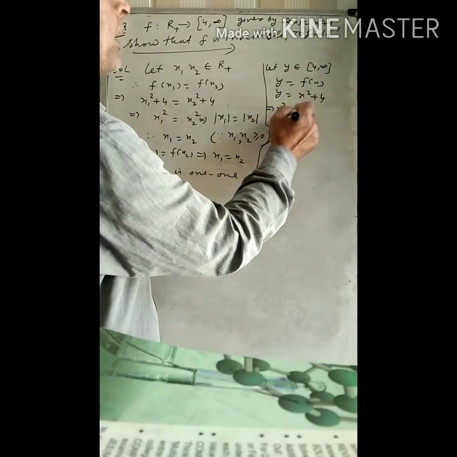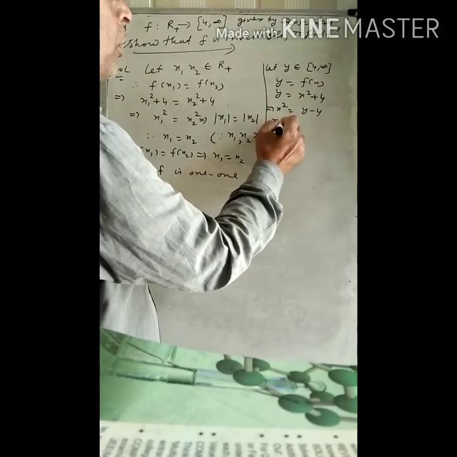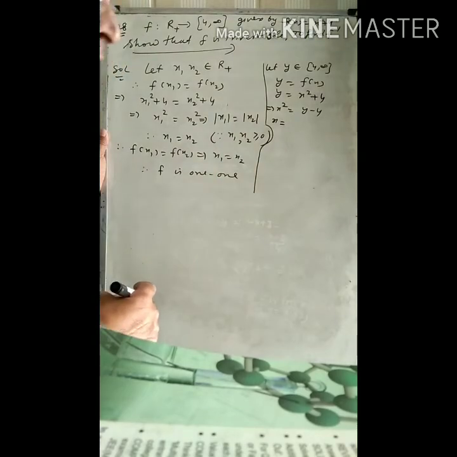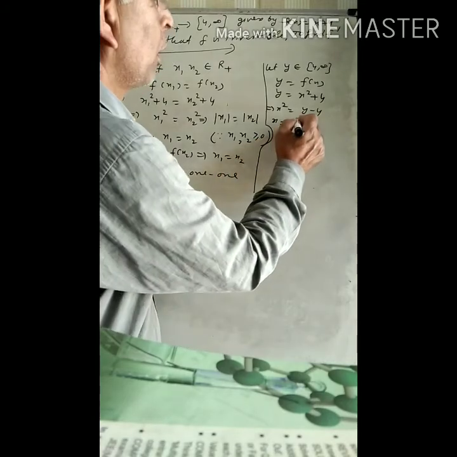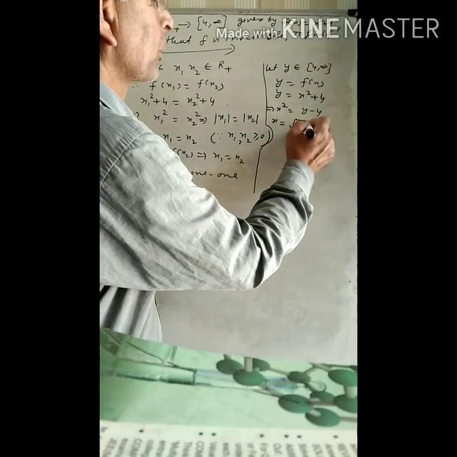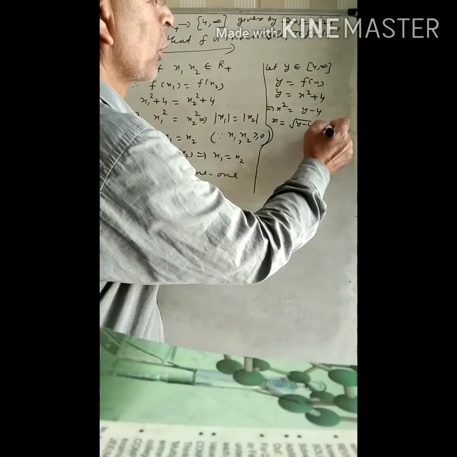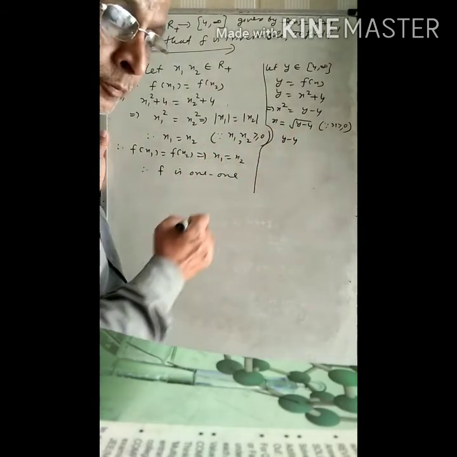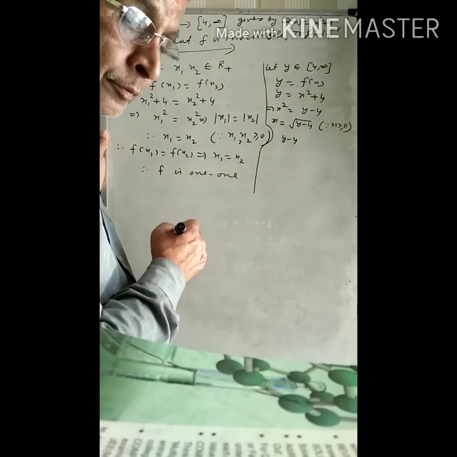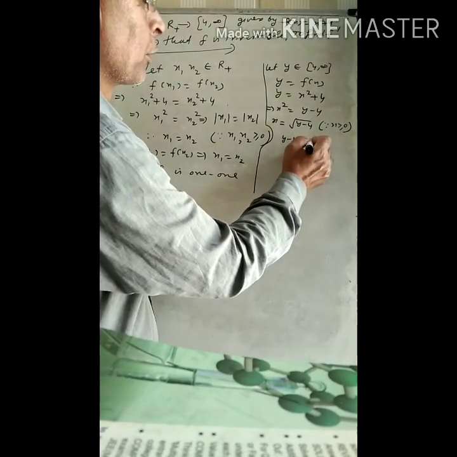This implies x square is equal to y minus 4, or x is equal to root of y minus 4 because x is greater than or equal to 0. y minus 4 is greater than or equal to 0.